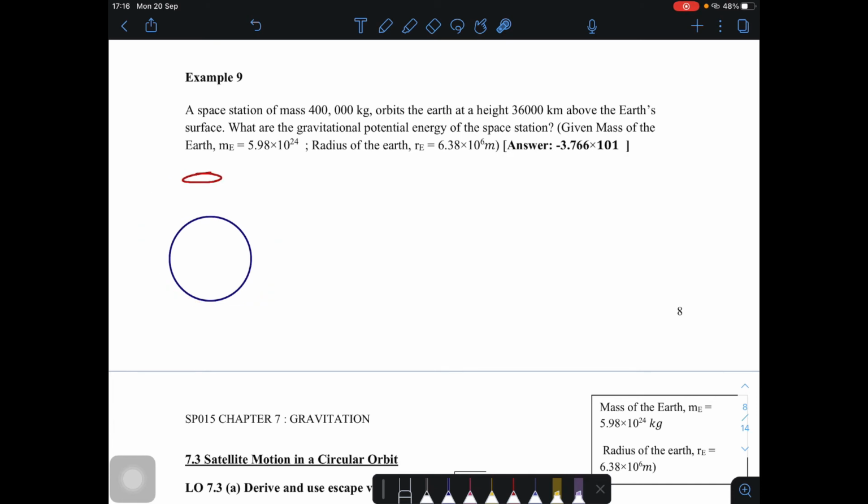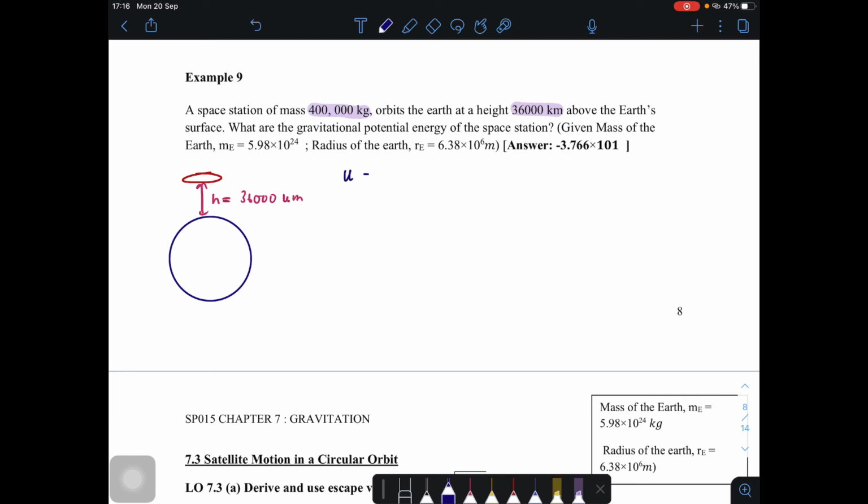So this space station is at a height of 36,000 km, and then it has mass of 400,000 kg. So what is the gravitational potential energy of the space station?